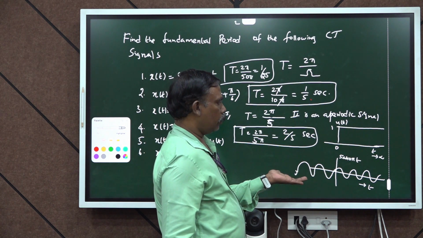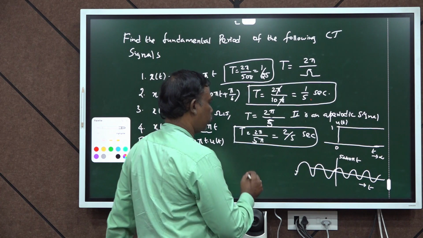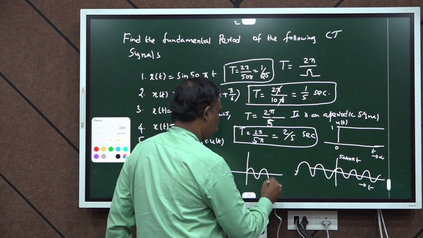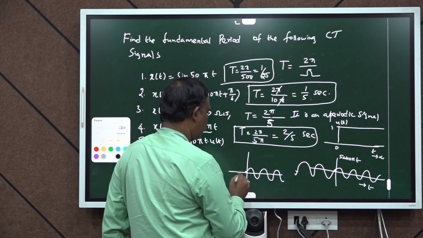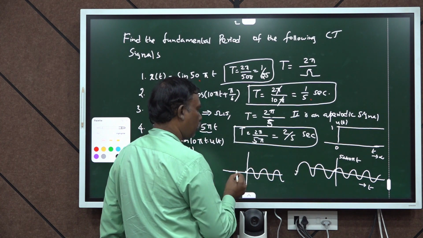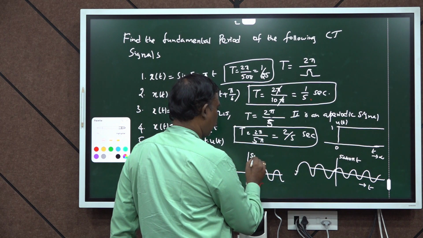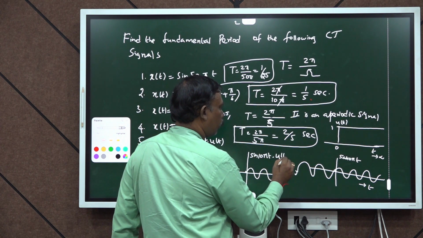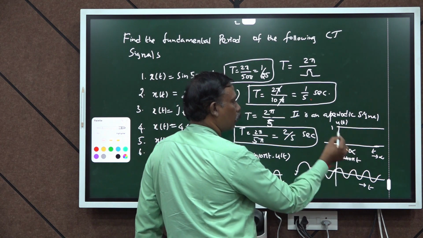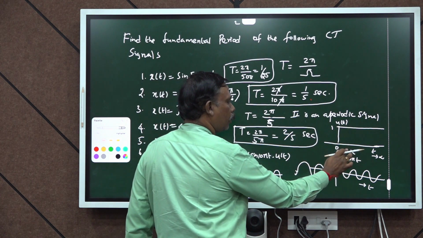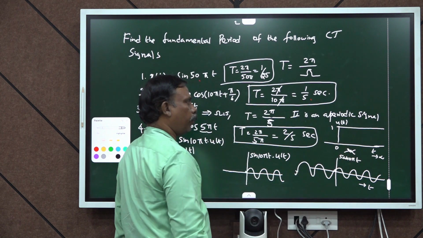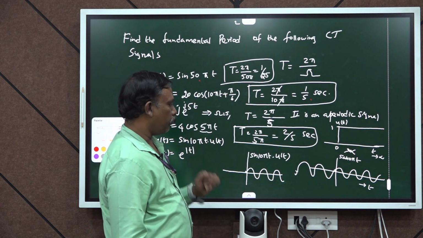Only this part is available. This part is not available. This part is sin 10 pi t into u of t. Multiply both the signals u of t and sin 10 pi t, and this is what we get.